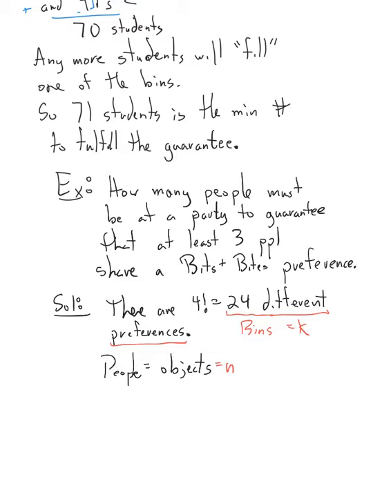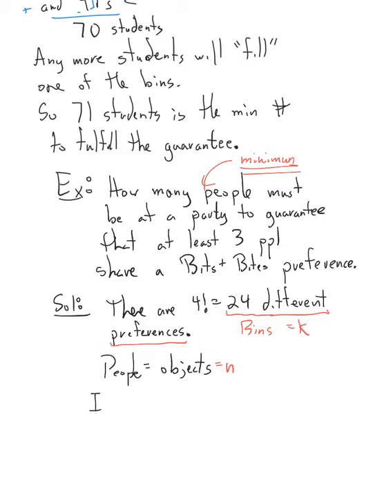And we're looking for, in fact, let me be a little clearer, how many people must be at a party. Let's look for the minimum. So I'm always looking for the minimum, the least number of people that need to be at a party. So what do I want?